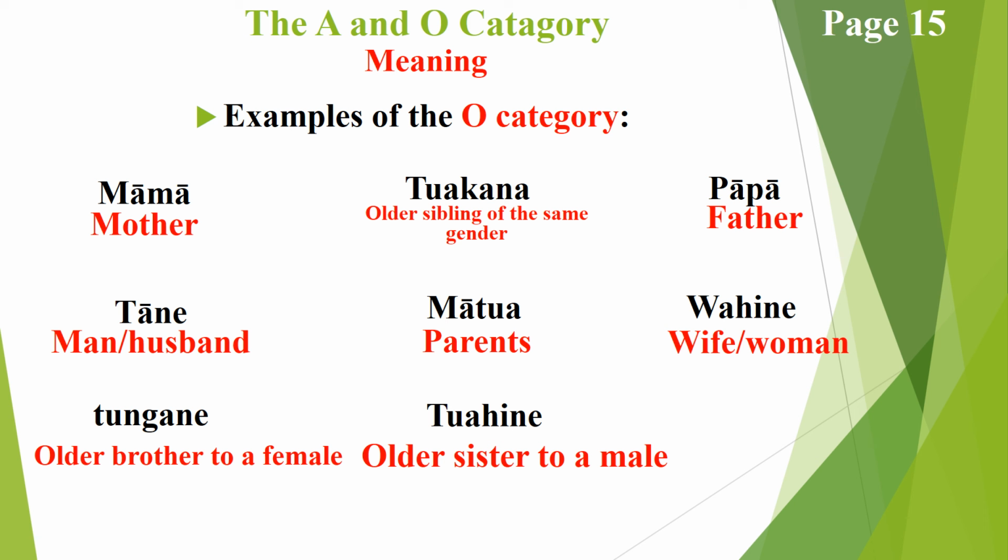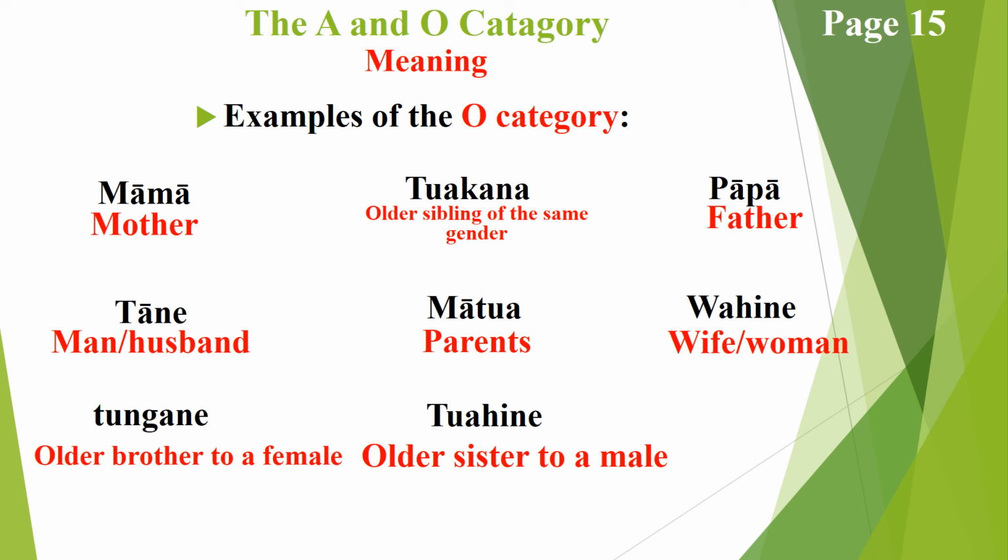Saves any arguments. So for wives, O category for your husband. For husbands, O category for your wife. It'll make your life a lot simpler and stop any arguments over who's supposed to be in the A or the O category. Show your spouses some respect. Ka pai? Okay, so that's the A and the O category.